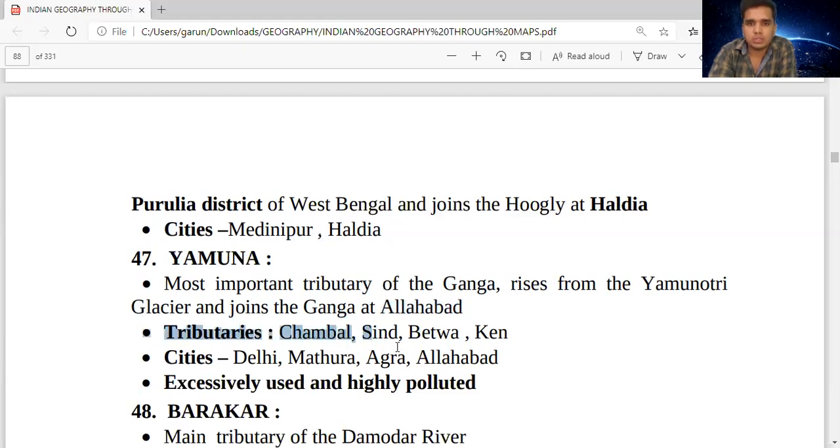Tributaries: Chambal, Sindh, Betwa, Ken. Cities: Delhi, Mathura, Agra, Allahabad.